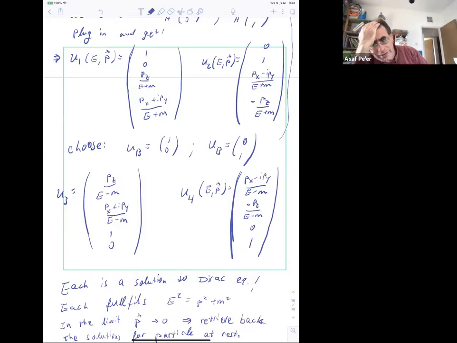This is good for our purposes. So now it's a question of finding a representation which fulfills these anti-commutation relations. I'm pretty sure that in 4x4 you have more than a single one. But honestly, I don't remember the details, so I don't want to say something which I don't remember.